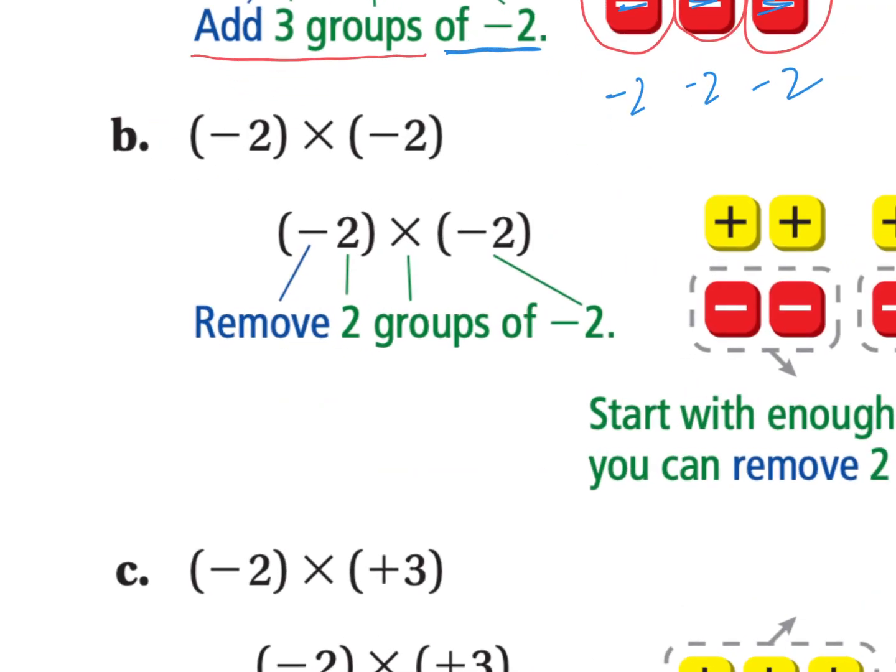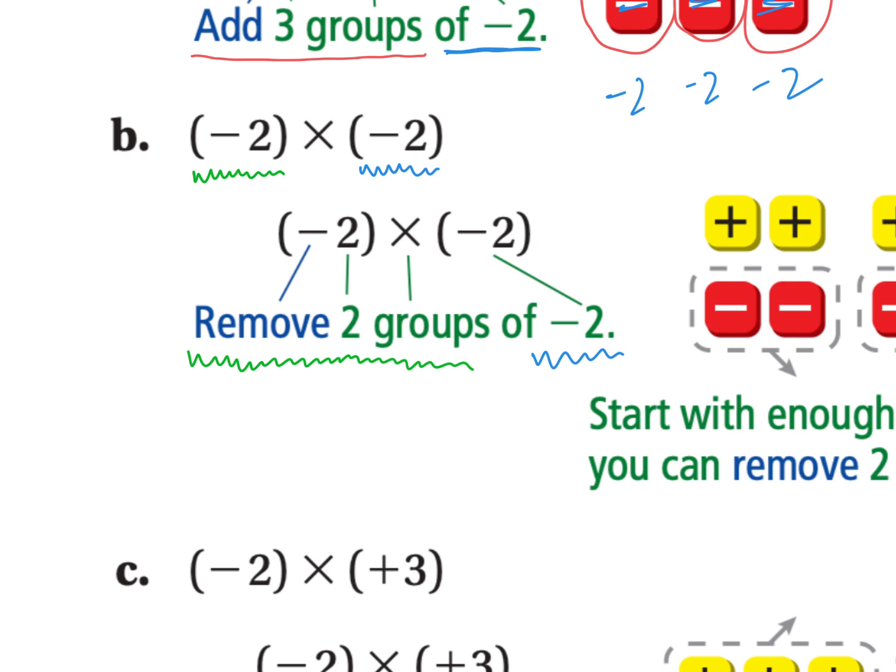Now, negative 3 times negative 2. This is like saying, all right, now I'm going to remove 3 groups. Removing groups is what this part means, okay? And how much am I going to be removing? In each, I'm going to be removing negative 2.